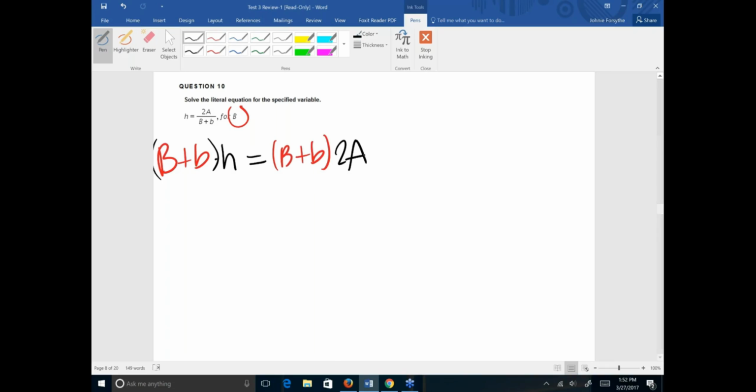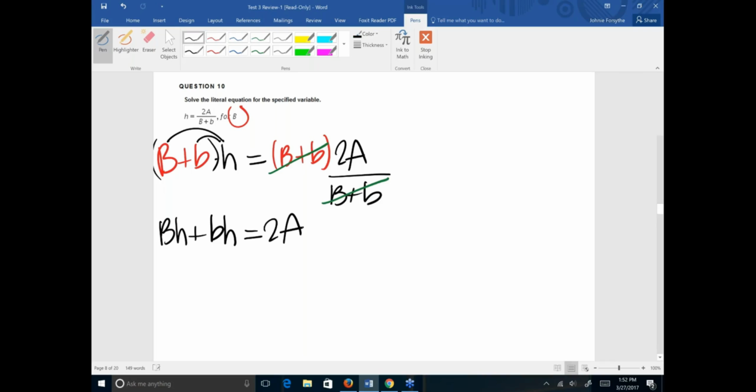So we multiply both sides by B plus b over B plus b. There we go. All right, so now let's see what happens. So on the left, let's just distribute the h. So we have big B times h plus little b times h equals, B plus b cancels with B plus b, so I just have 2a.